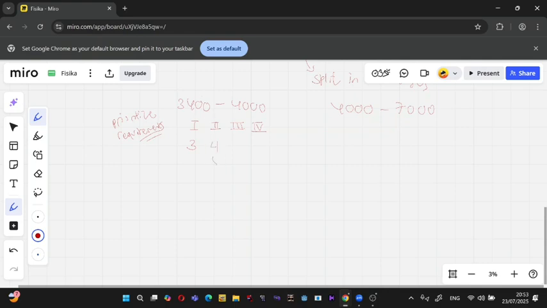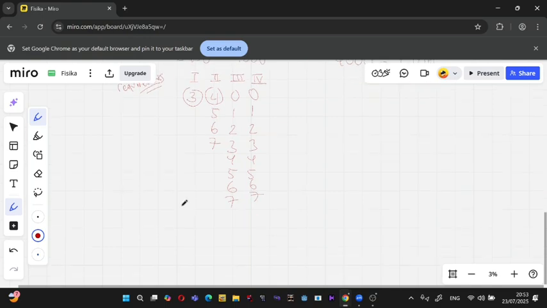That's in the other case. So we write down the rest: 4, 5, 6, 7, of course, because it needs to be between 3,400 and 4,000. Then, since you can use the same numbers, you just write everything down until the very end.